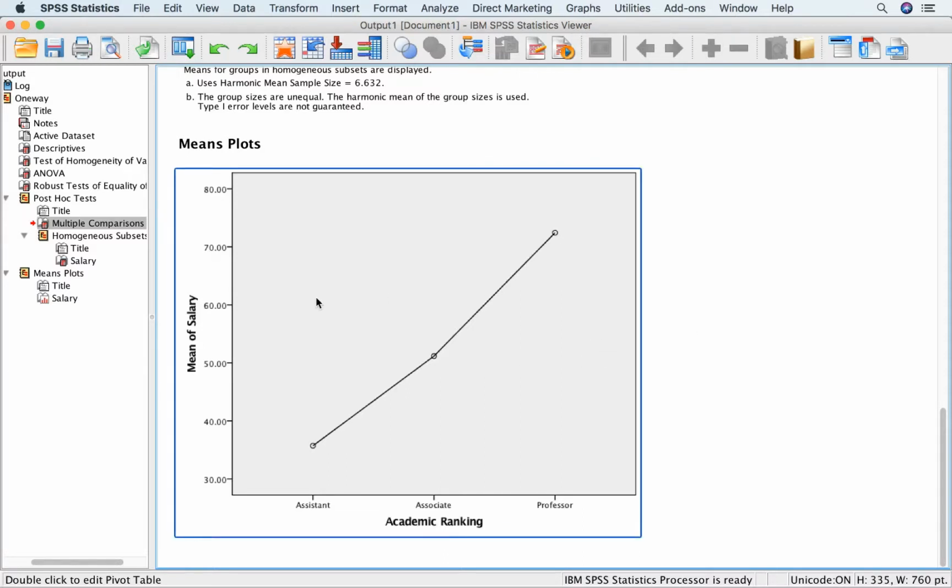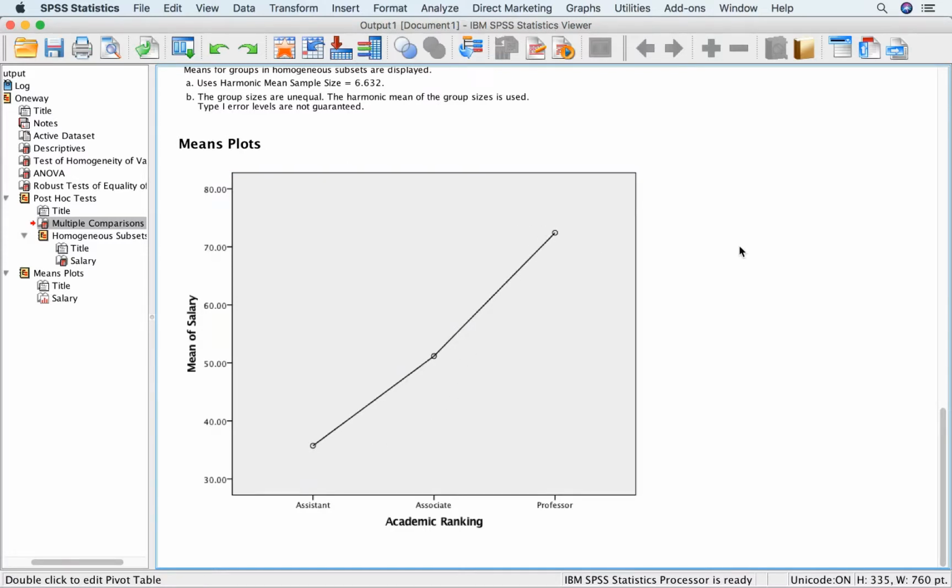It shows you where the mean is for each group, and then it gives you a visual effect. So this is really good if you're writing up a chapter 4 and you want some type of figure to summarize your conclusion. That would be something you can include in your dissertation, either in the main body or in the appendix.